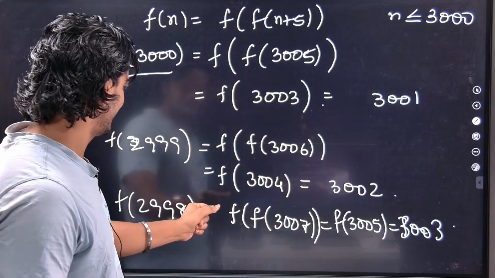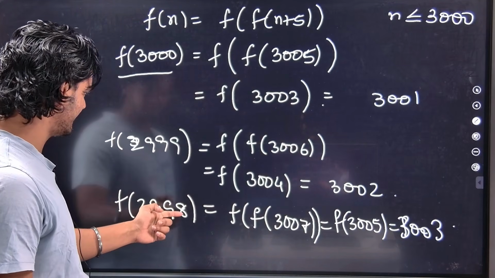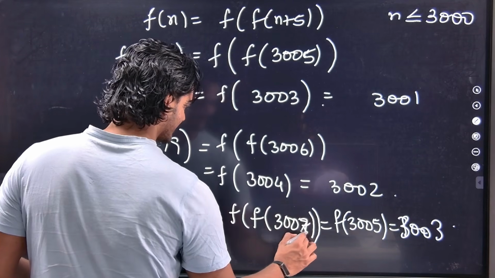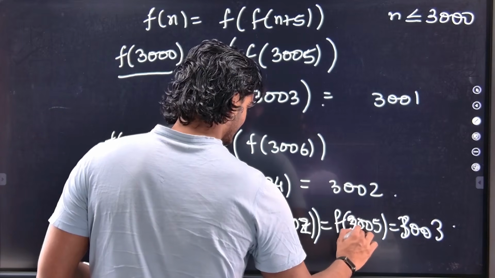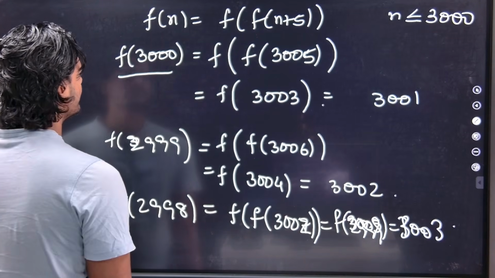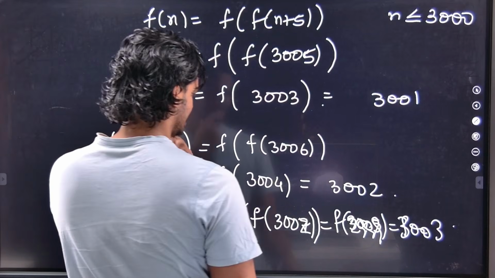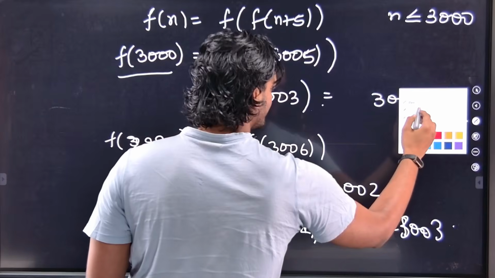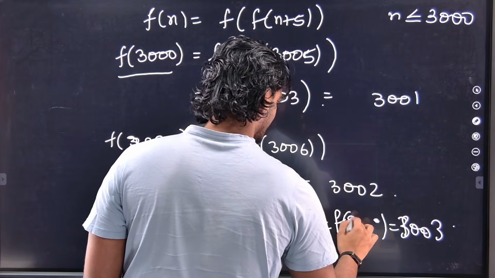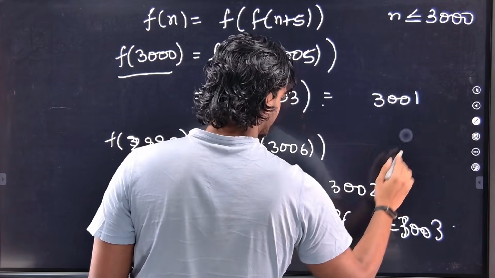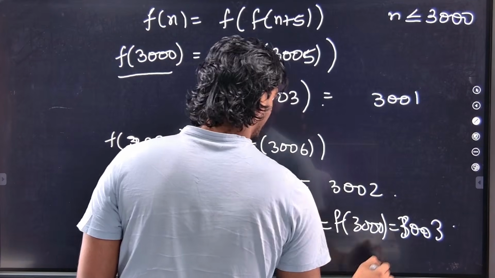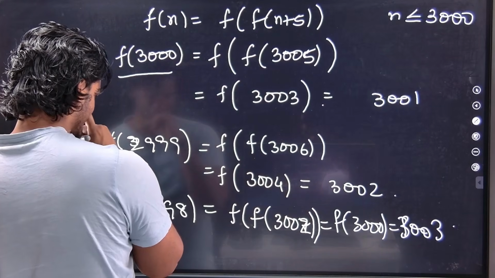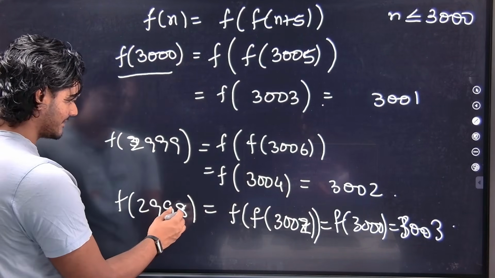We are supposed to have 2999 here. What's happening? If I add 5, okay, something is wrong. This is f of 3000 here. Calculation mistake. And f of 3000, we just calculated it. What am I doing? I'm supposed to add 5.